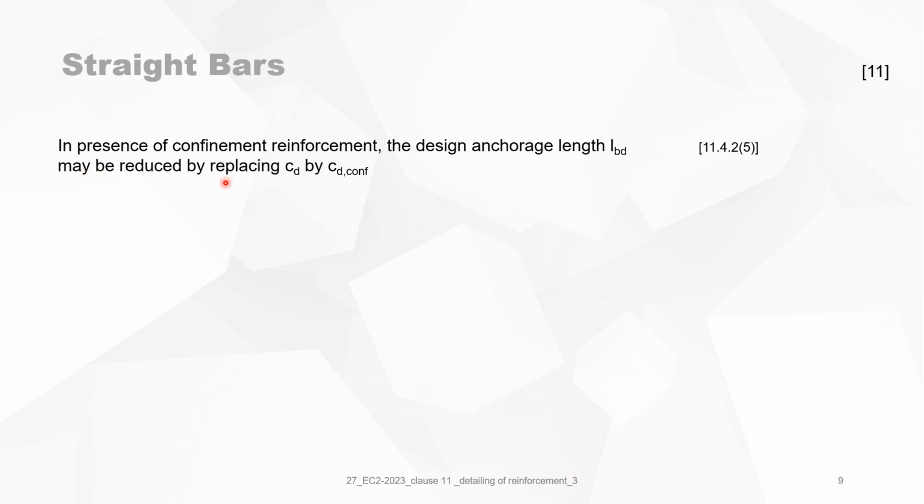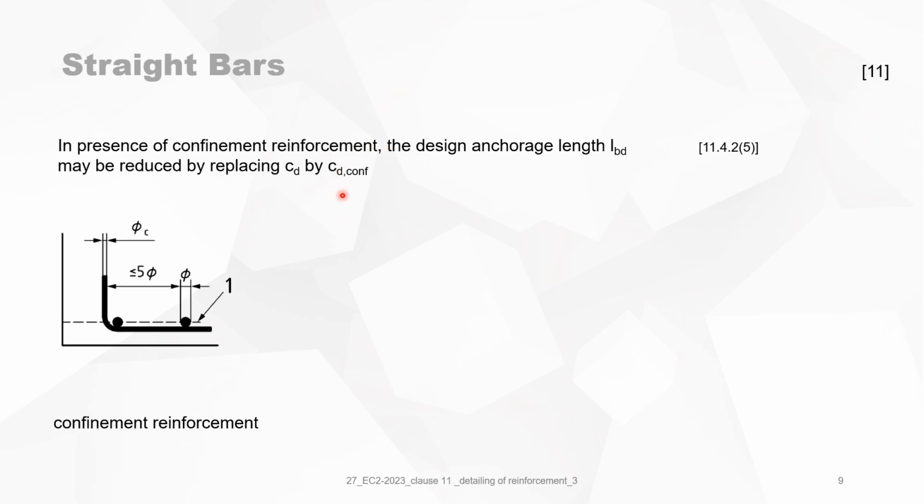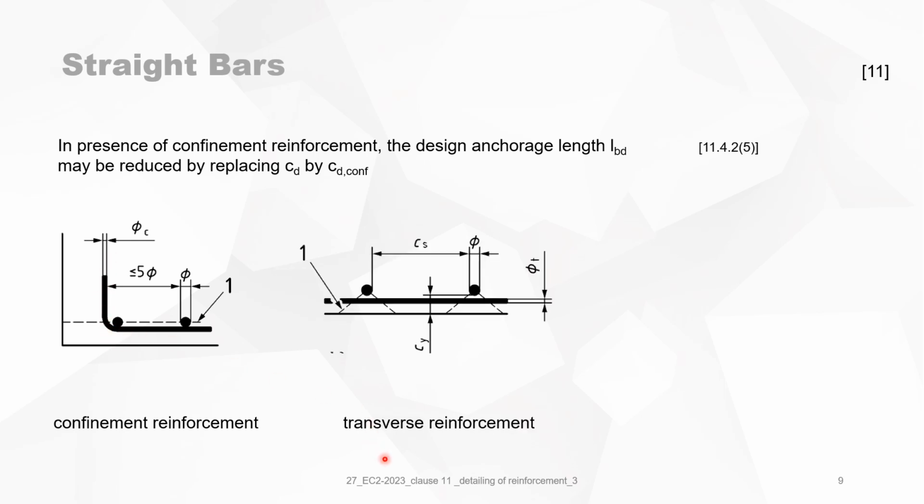In presence of confinement reinforcement, the design anchorage length lbd may be reduced by replacing cd by cd confinement. And when you talk about confinement reinforcement, which is denoted as Vc, that's the confinement reinforcement. Transfer reinforcement is also a certain confinement reinforcement.